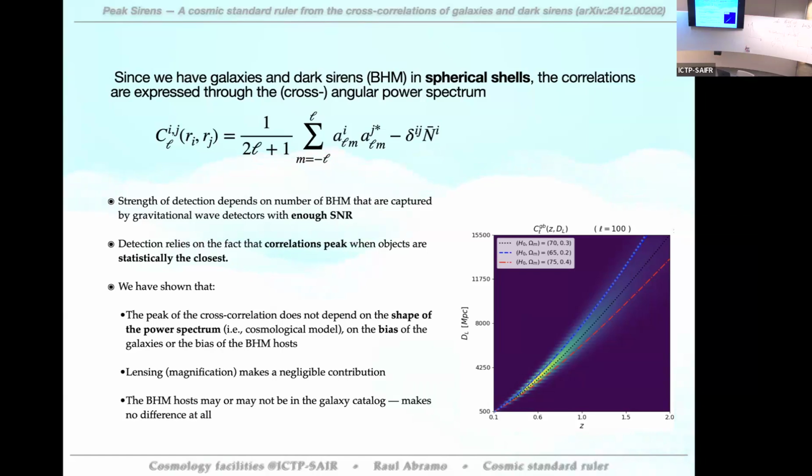Lensing magnification makes a small but detectable contribution. And we don't really care whether the black hole is or is not in a galaxy in our sample. In fact, we took the most conservative approach possible: every time we sampled a black hole, we removed that galaxy from our catalog. So no black holes have their actual host galaxies in our galaxy catalog.